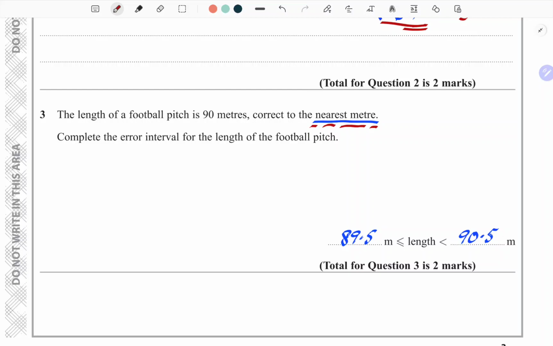If you hit 90.5, it would become 91, all right? Whereas 89.5, okay, would be rounded up to 90. So that basically is your error range. I mean, if you think of it like this, 90, maximum 90.5, and minimum 89.5.